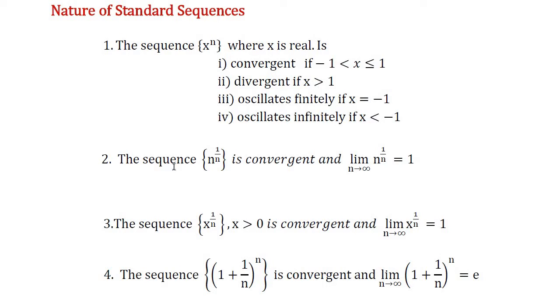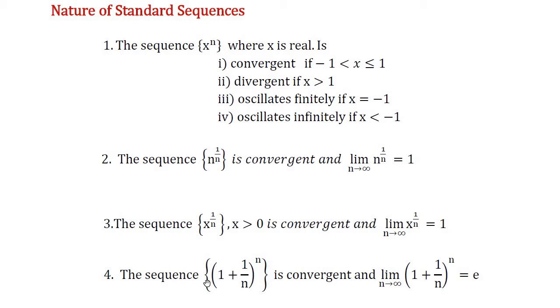Next one, the sequence n power 1 by n is convergent and whose limit is limit of n power 1 by n as n tends to infinity is equal to 1. Next one, the sequence x power 1 by n, x greater than 0, is always convergent and limit of x power 1 by n as n tends to infinity is equal to 1.